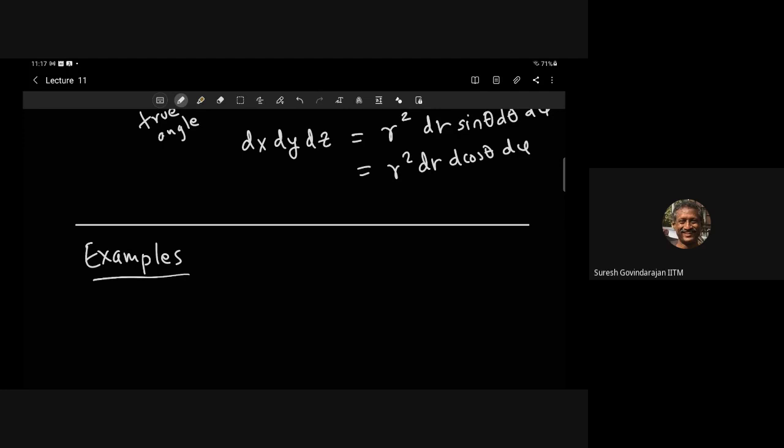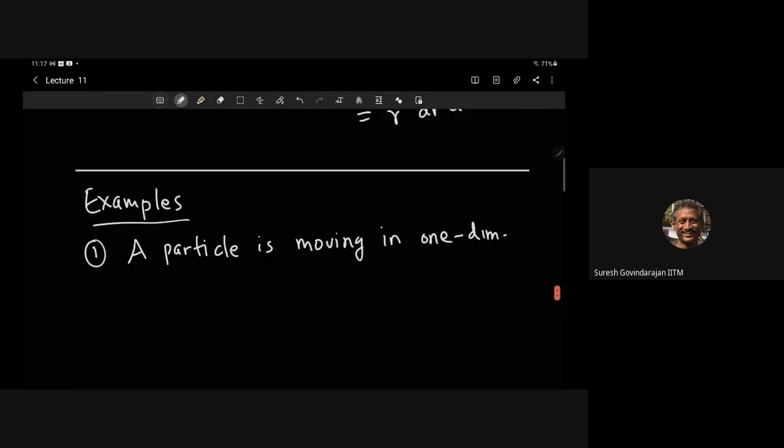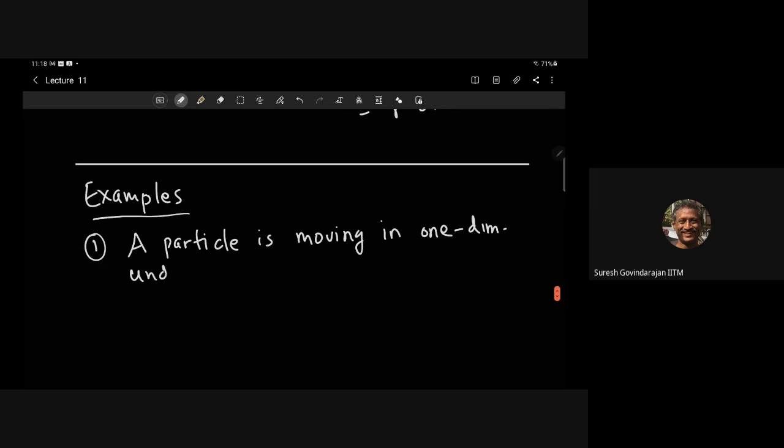So first thing is, a particle is moving in one dimension under the action of a force. First step is, how many degrees of freedom, and what can we choose for it?